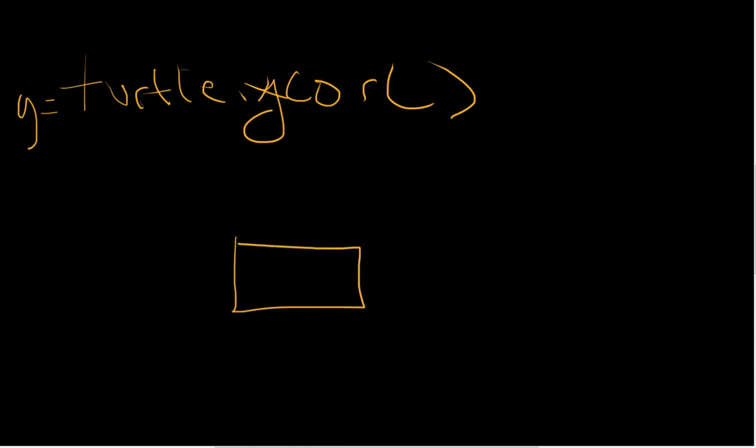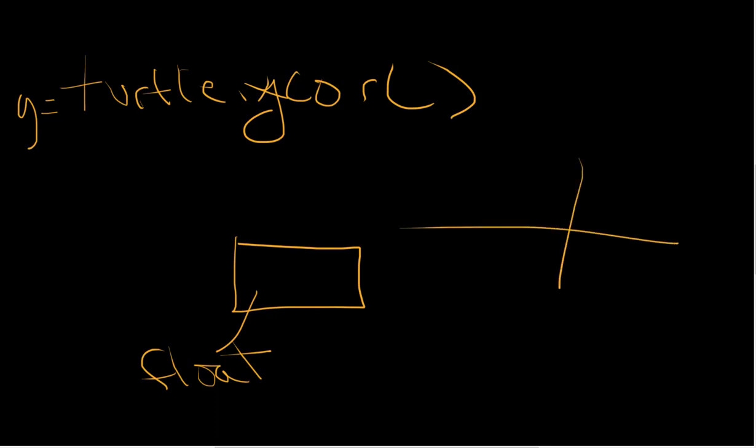So in this case, we're not going to send it anything. It's just going to give us probably a float value that tells us, if your turtle is right here, some sort of positive y value, less than the maximum value allowed on the screen. So it actually returns a float.